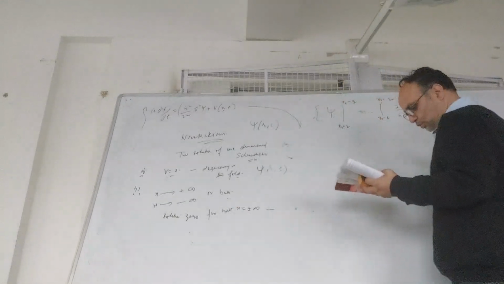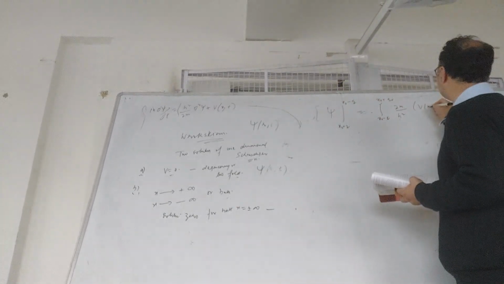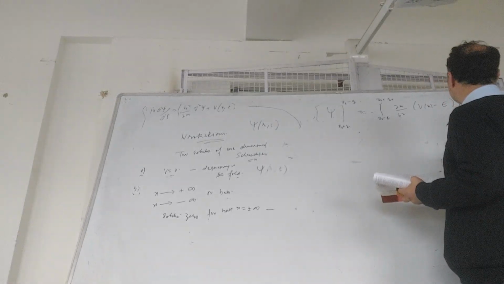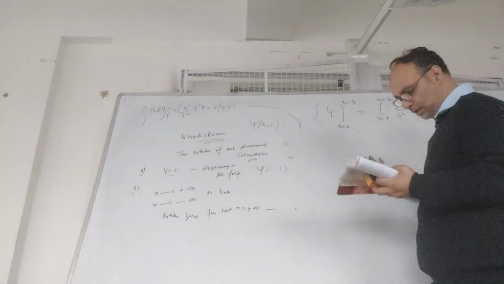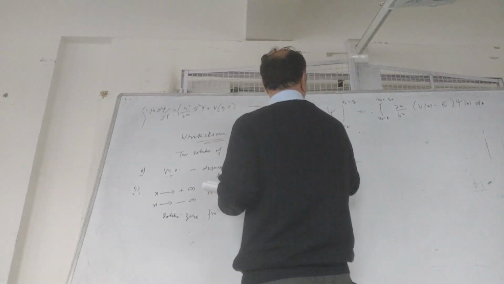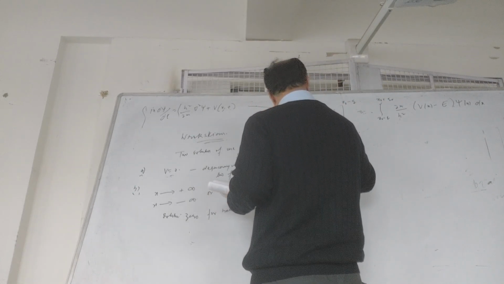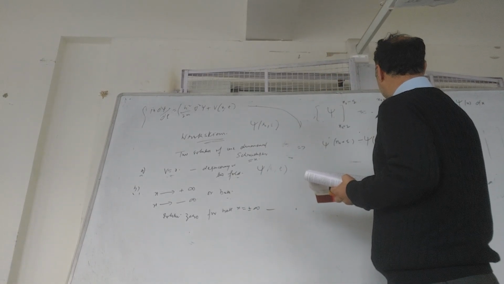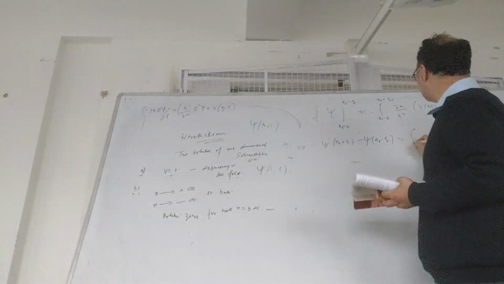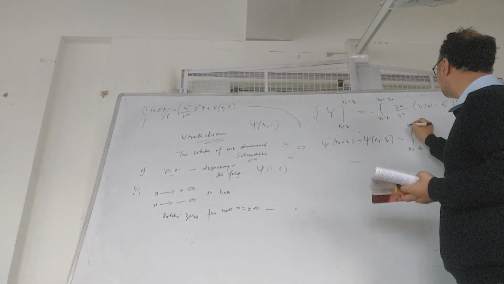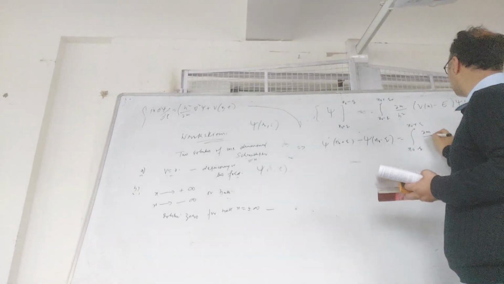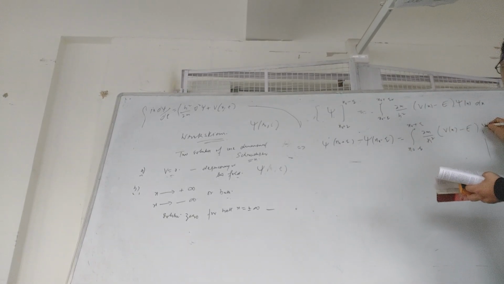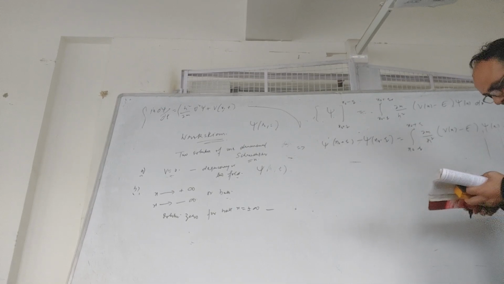The solution will come out to be like this, V(x) minus E times psi of x dx. So the solution will have this form: psi of x naught plus epsilon minus psi of x naught minus epsilon. That will be equivalent to the integral from x naught minus epsilon of psi of x dx.